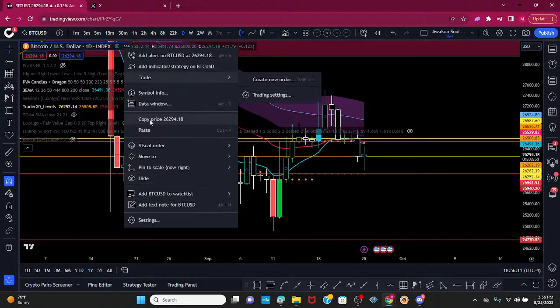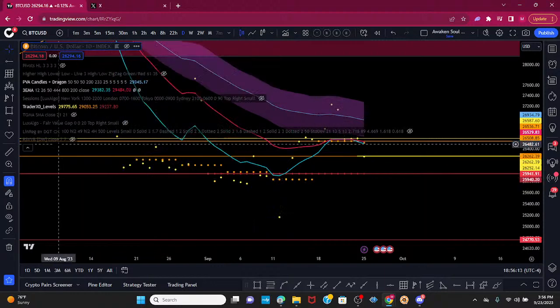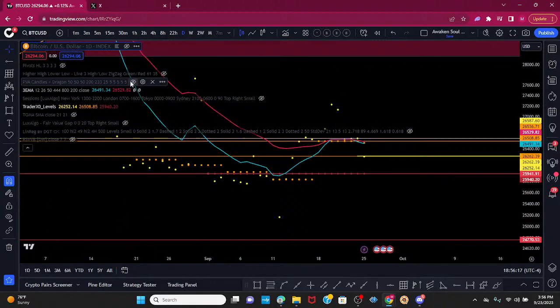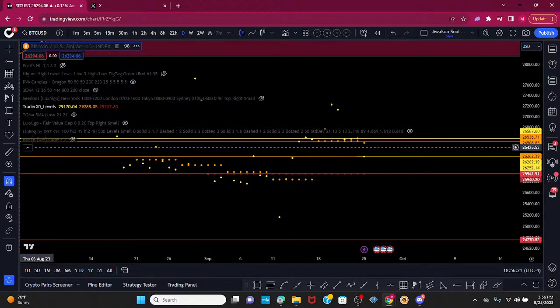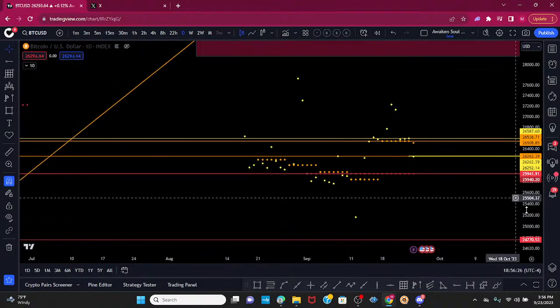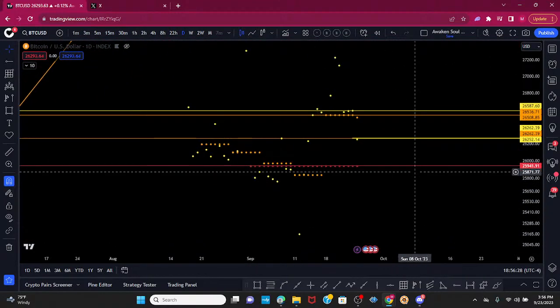Where's the hide candles? So you can see the Trader EXO indicator. Let's turn off all the indicators and you'll see a bunch of little dots there. And pretty much it's just telling you a critical support.